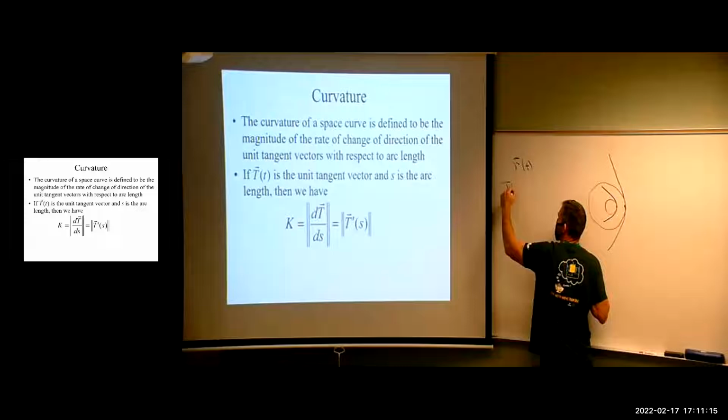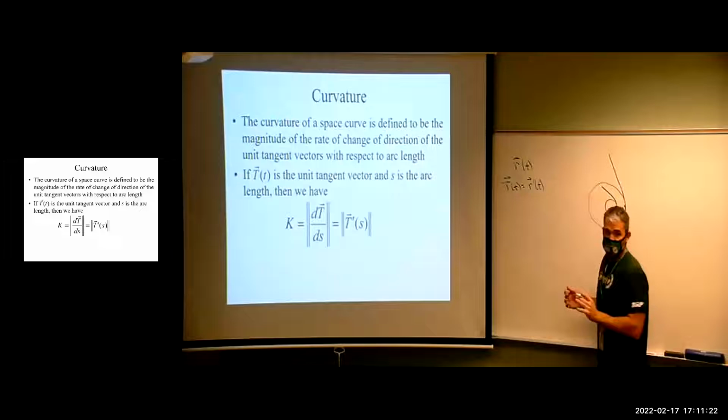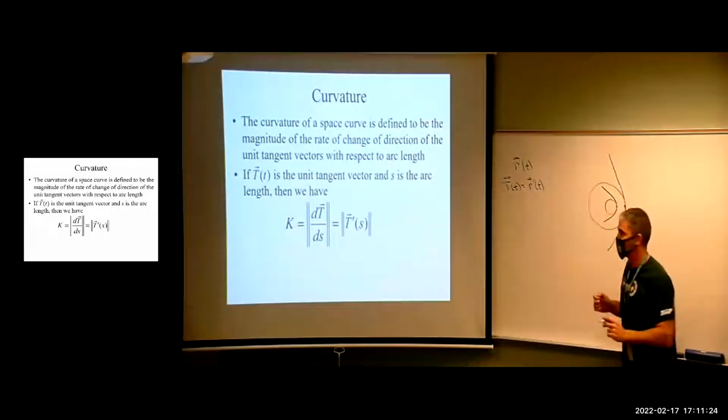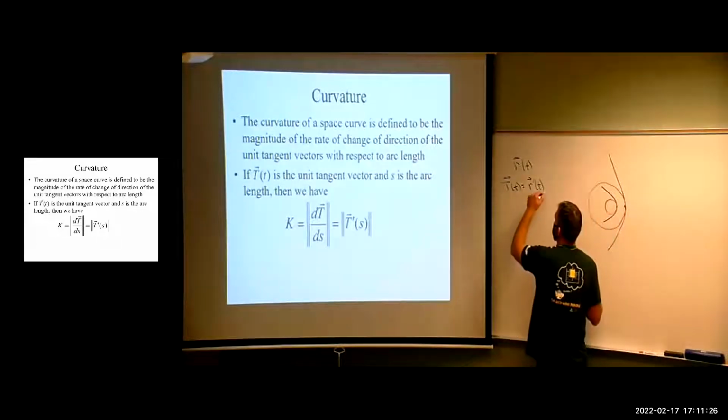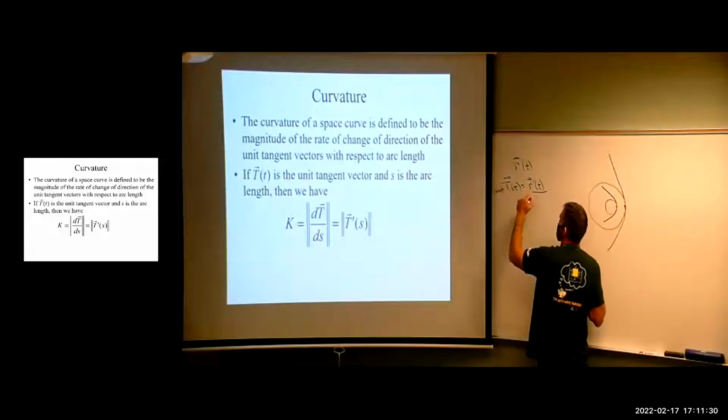Then the tangent vector would be r prime of t, which is also v of t, our velocity vector. It becomes a unit tangent vector if we divide by the magnitude.